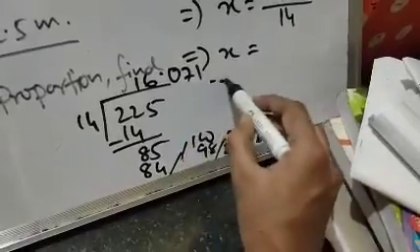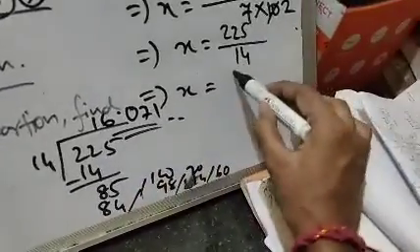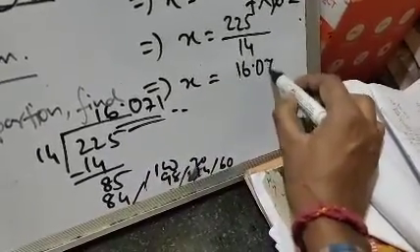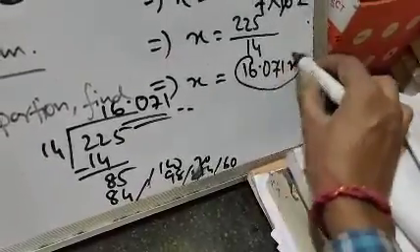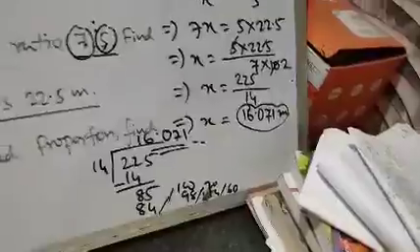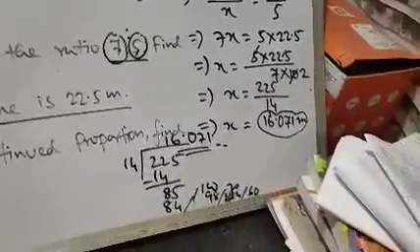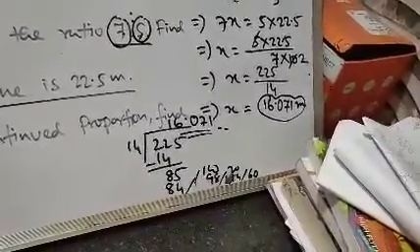So it will be continuous. So 16.071, the answer will be 16.071 meters. So the shorter rope will be 16.071 meters.